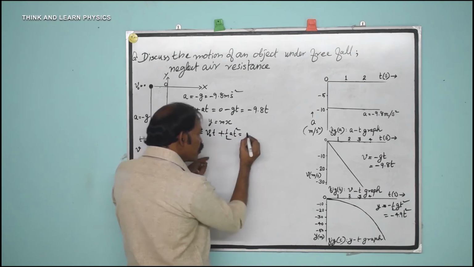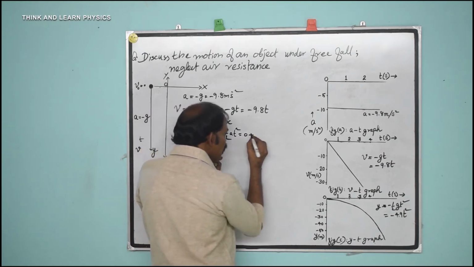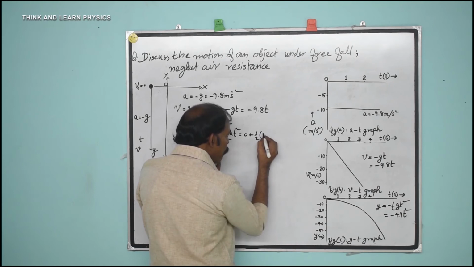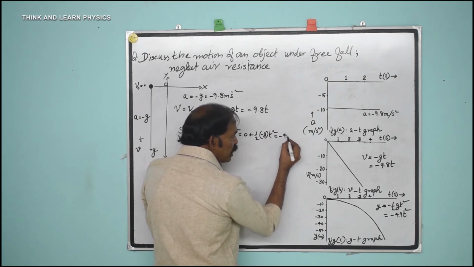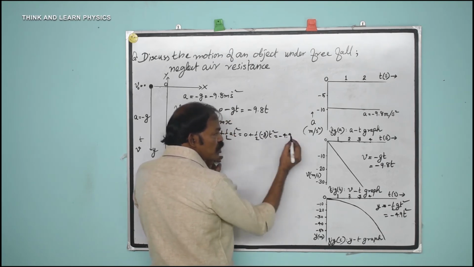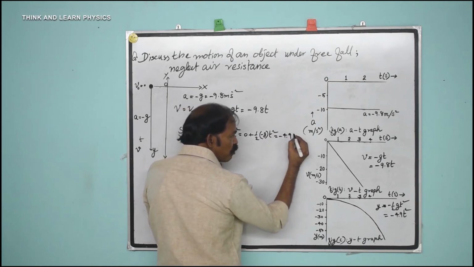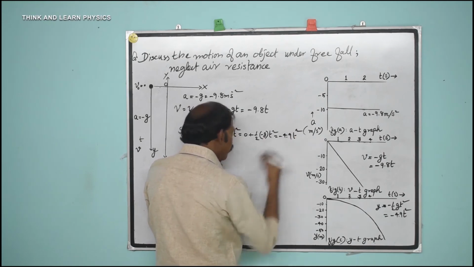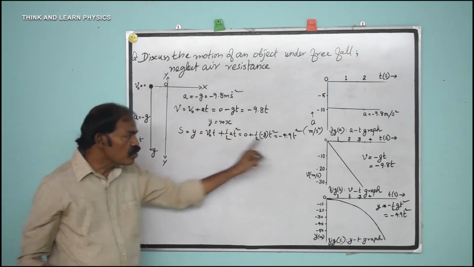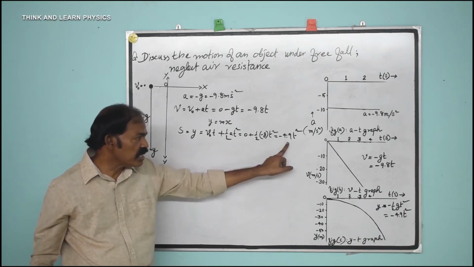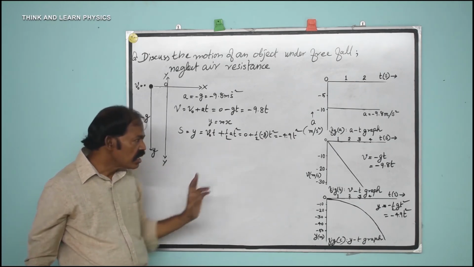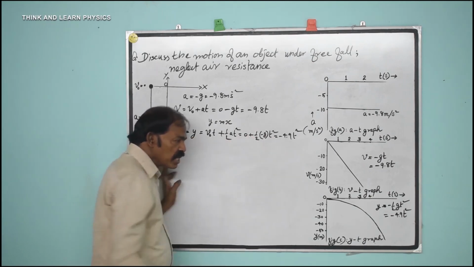That means v0 is 0, therefore 0 plus half into minus g into t square, or it is minus 4.9. g means 9.8, therefore minus 4.9 t square. This is the equation for the position coordinate of the object. Y is equal to minus 4.9 t square, and the graph obtained will be like this.